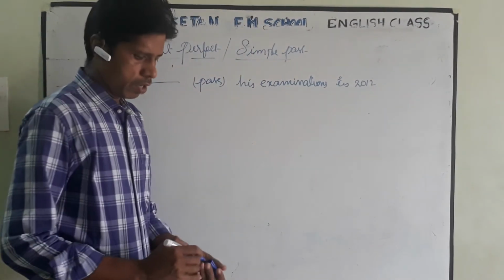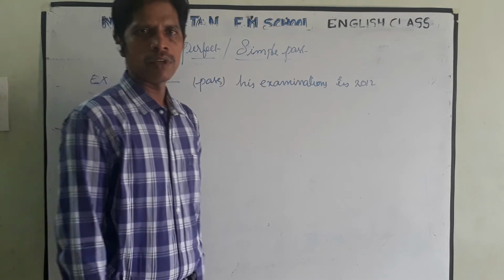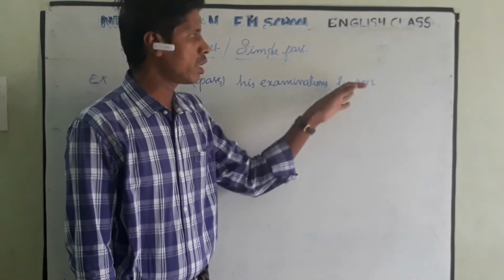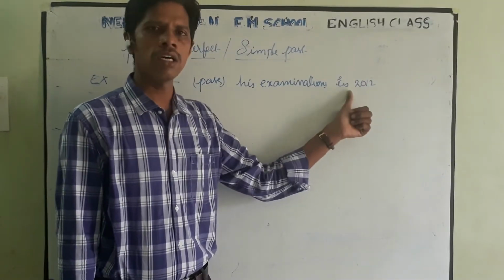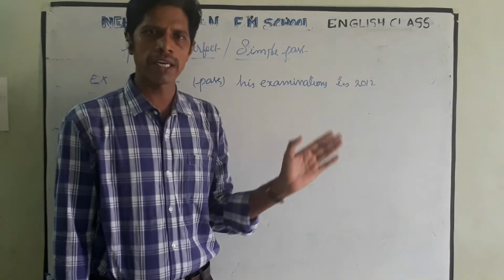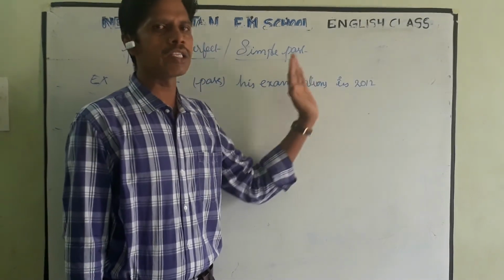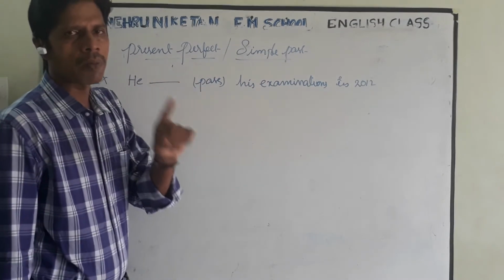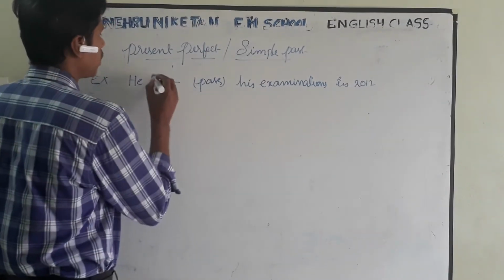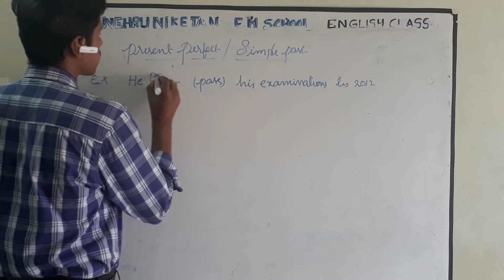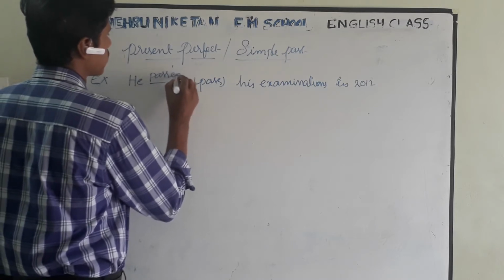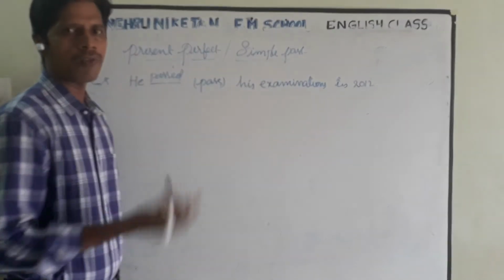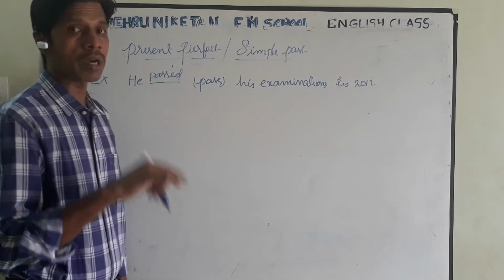Now, in which year are we? In 2020. So 2012 is over, it is completed. So automatically we can understand this verb is in simple past. Simply, here the verb is he passed. He passed. This type of question may come.